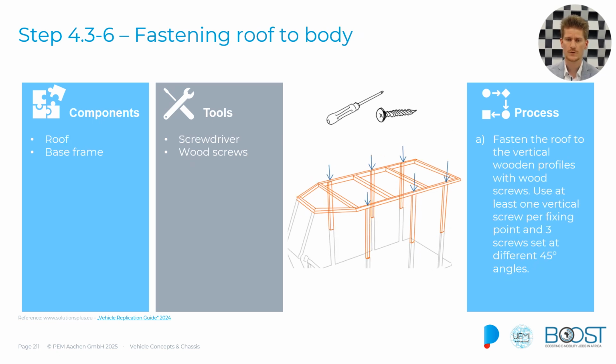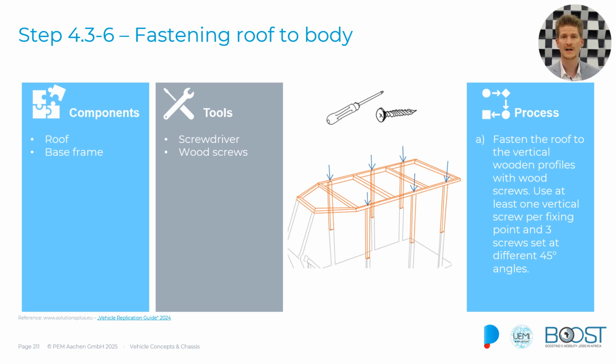This is what we'll do also in this step. So we will fasten the roof at the very end. So in the step before, we just fastened the vertical parts. Now we will fasten the roof overall. 3 screws per joint should probably be enough, and these screws can be set at a 45-degree angle in order to go through properly.